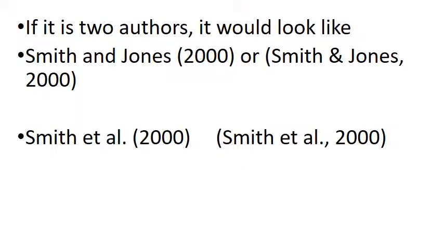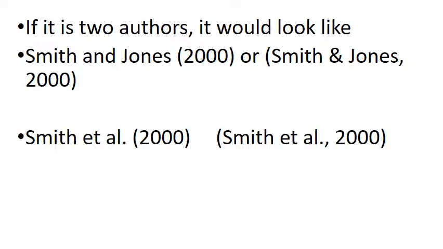If something has two authors, it would look a little bit like this. So if it's the start of the sentence, and I could have picked any names. I mean, I could have put Lennon and McCartney or Simon and Garfunkel, but they might have sued me for copyright reasons. So we'll stick with our fictional Smith and Jones. So it would be Smith and Jones, as in the word and, 2000, if it was at the start of a sentence.